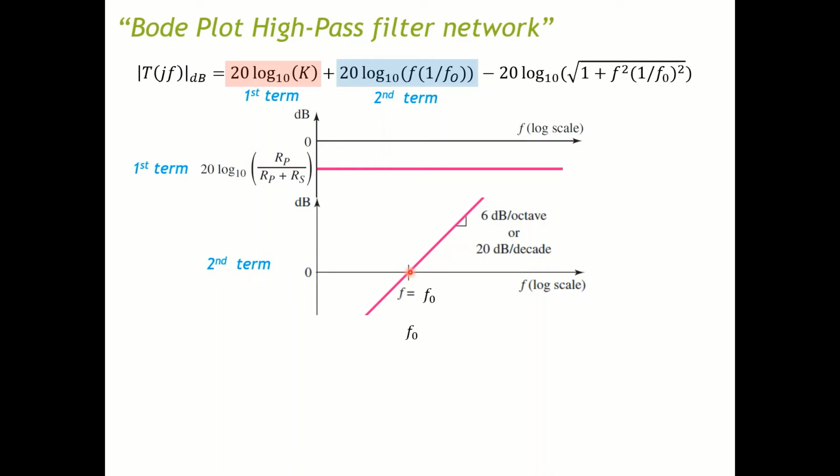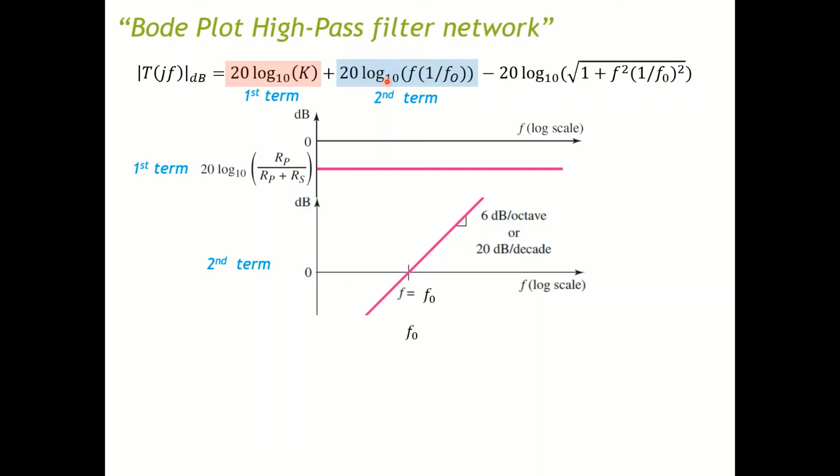Look at here. You can see this linear line equals 0 at one point, and that point is pretty important. If you look at this term, what if f equals f naught? If f equals f naught, then this whole term inside becomes f naught over f naught, equal to 1.